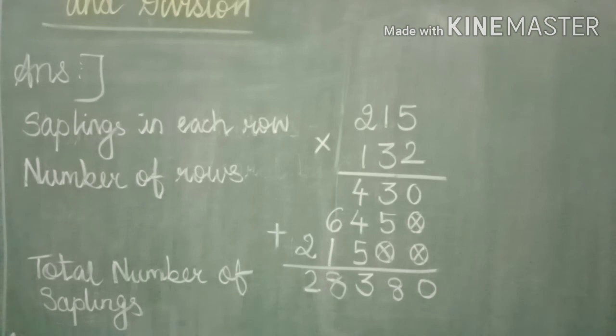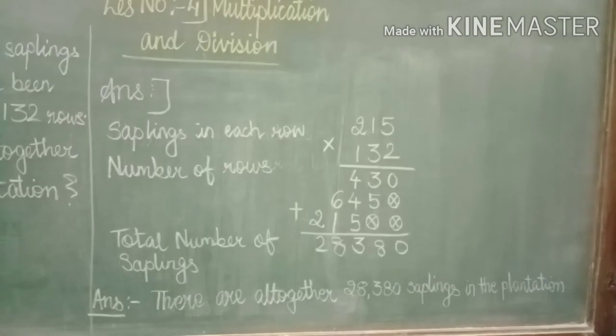They have given the question over here: how many saplings all together are there in the plantation? The same wordings we are going to take down and write. There are all together 28,380 saplings in the plantation.